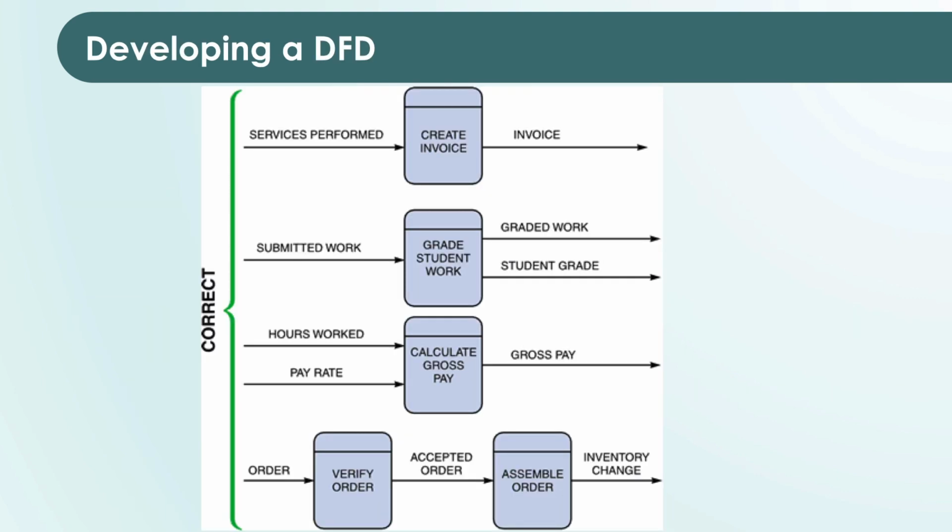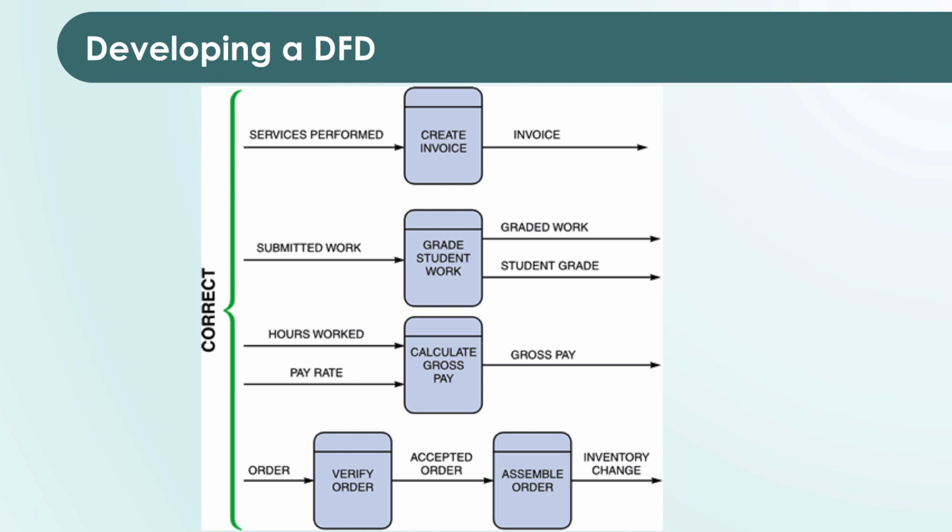This is the example of a correct DFD with no error. In the first example, the input data is the services performed, the process is to create invoice, and the output is the invoice.